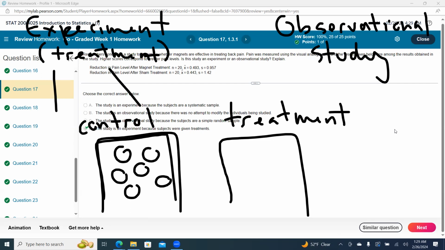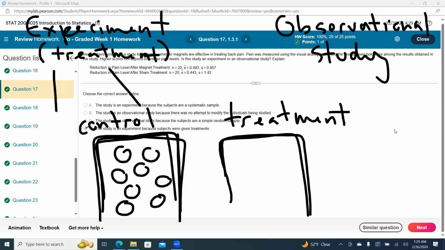It gets into other things: single blind, double blind. Single blind is if the patient doesn't know whether or not they're given a placebo. Double blind is that both the patient and the doctor conducting the study, basically everybody involved, doesn't know who's given a treatment and who's given a placebo. But you have a control group who's not given a treatment.